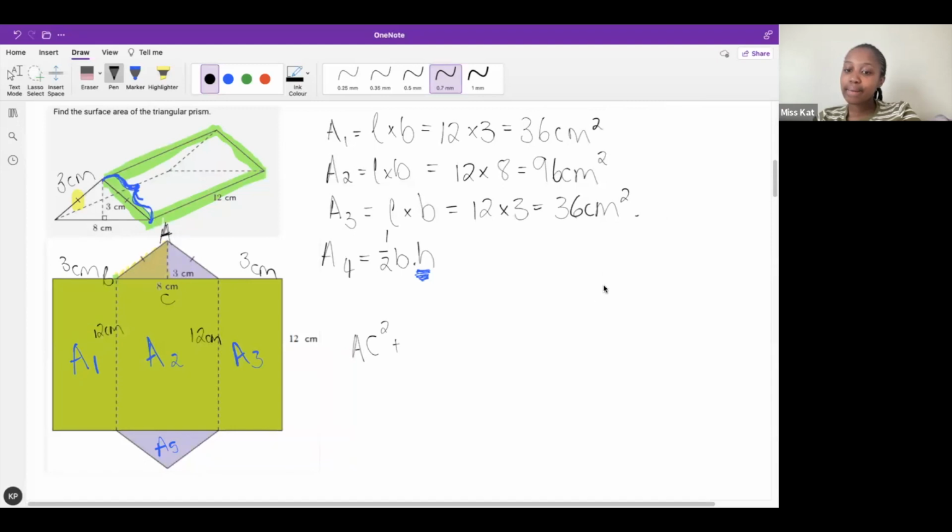Someone? Good. Is it plus BC squared or plus AB squared? See, I gave you options. So is it plus BC or plus AB? Thank you. Plus BC squared equals what? There's only one side left, guys. Equals what?